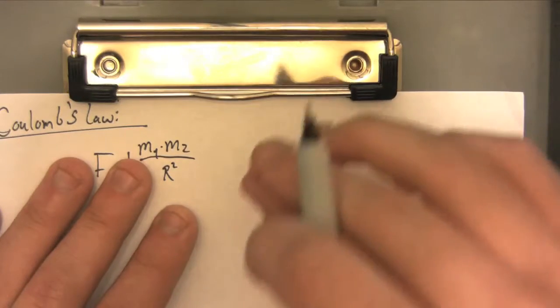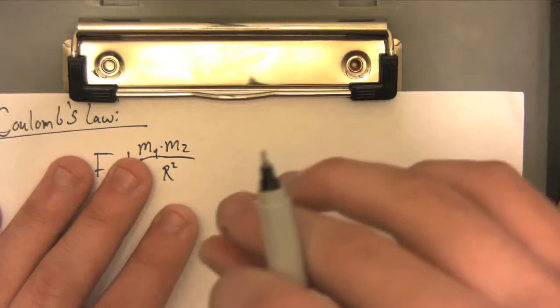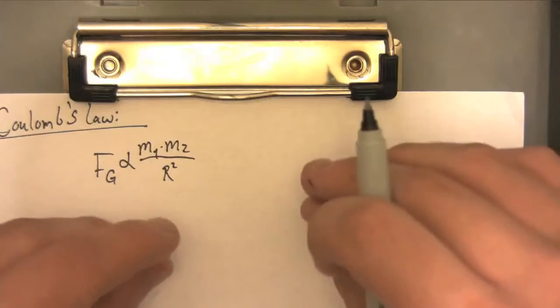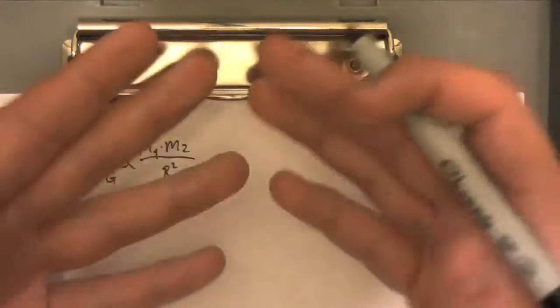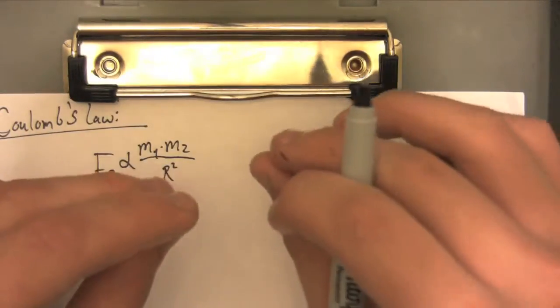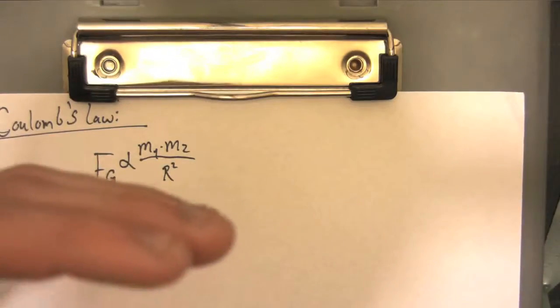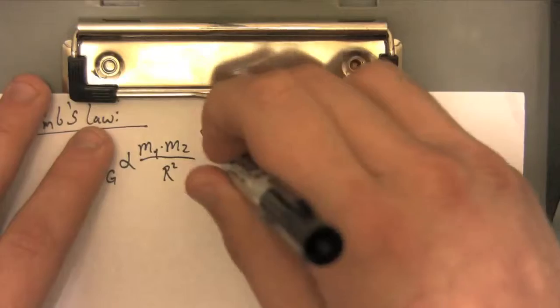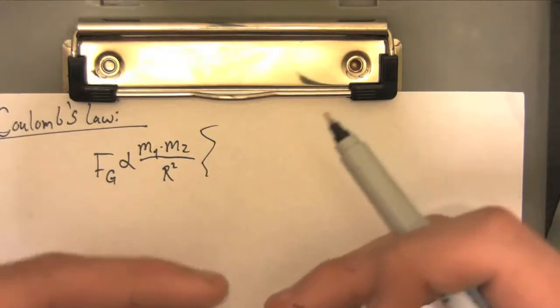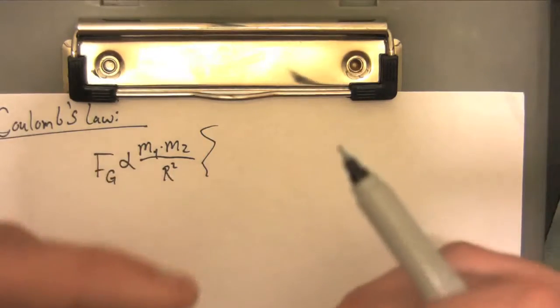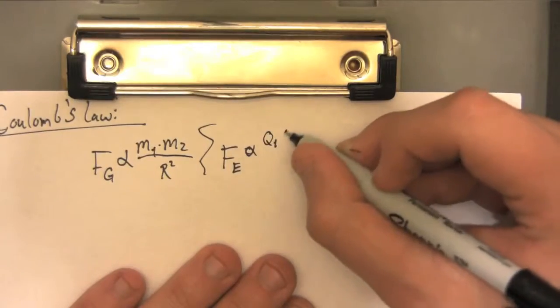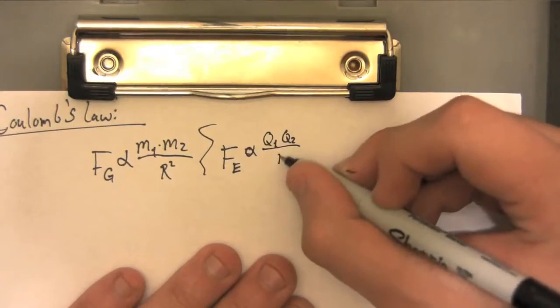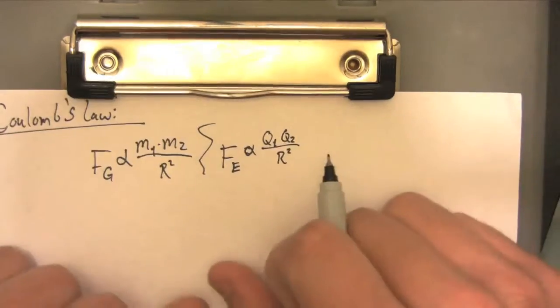When I say electrical force, I'm considering the force between 2 charges that are stationary. Of course, when you start considering moving charge, you have magnetic force. So the electric force is proportional to Q1, Q2 over the square of the distance between the 2 charges.